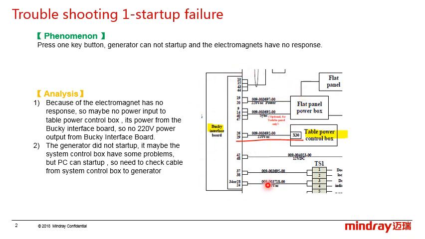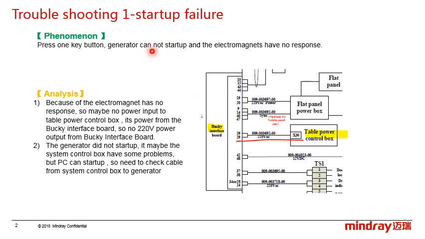First, from the table power box circuit, we can know that the table power control box power comes from the breaker in the baseboard, so it may be no output from the breaker in the baseboard.